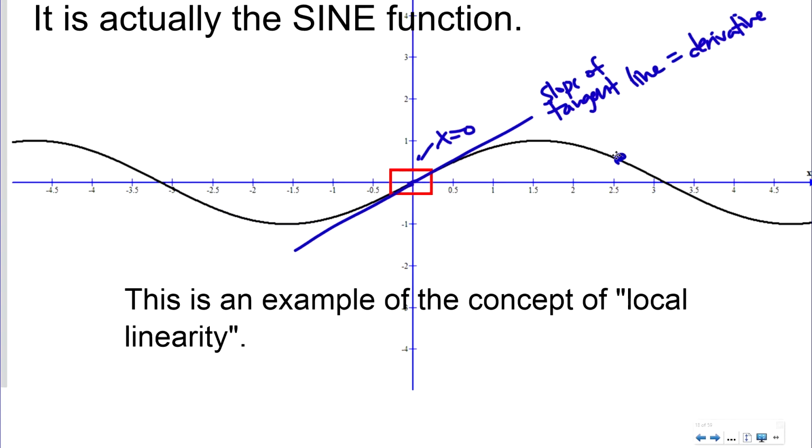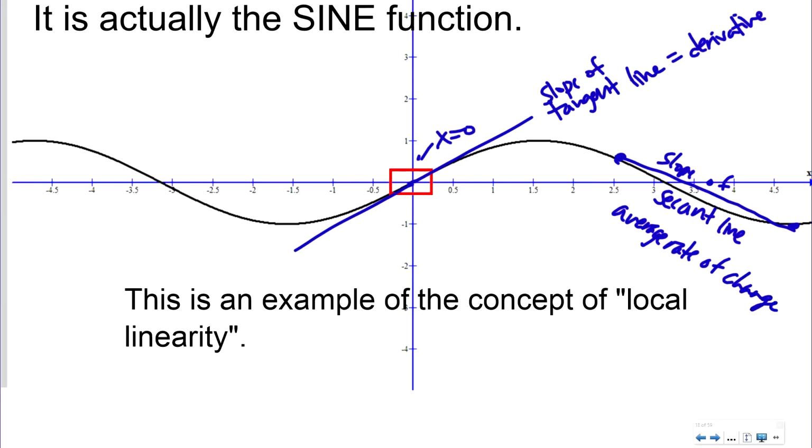Just like if we drew 2 points and connected them, that would be called a secant line, and the slope of the secant line would be called average rate of change. That wouldn't be called a derivative, although sometimes they end up being the same if they're on a line. Another word for slope of a tangent line is instantaneous rate of change. These are all words we have to know.